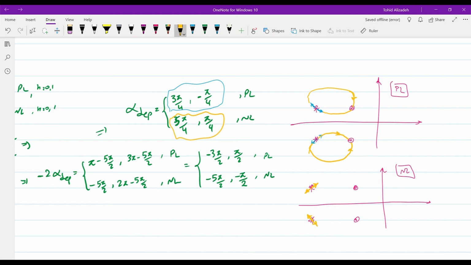For the negative locus, we know that all the real axis belongs to the negative locus, and therefore of the branches that departed the poles, two of them will arrive at the real axis. One will go towards plus infinity, the other towards minus infinity, and the other two branches will arrive at the zeros.